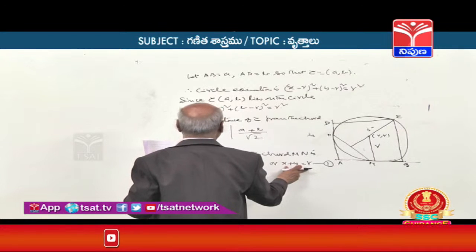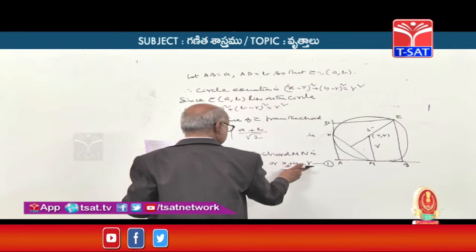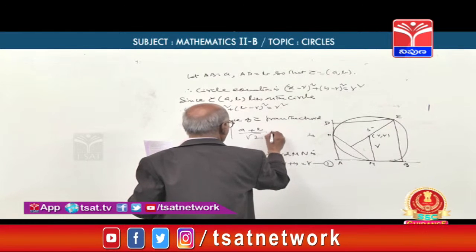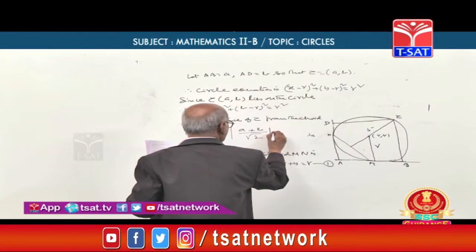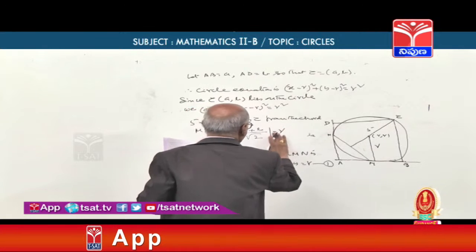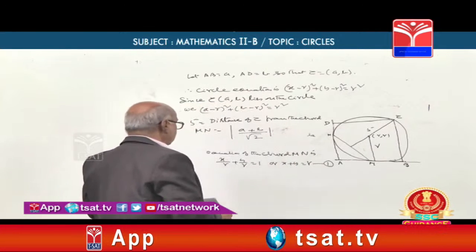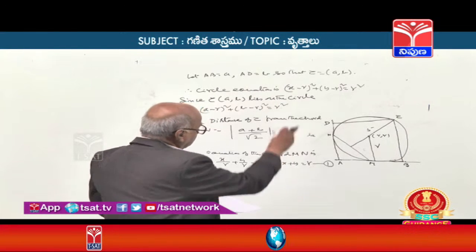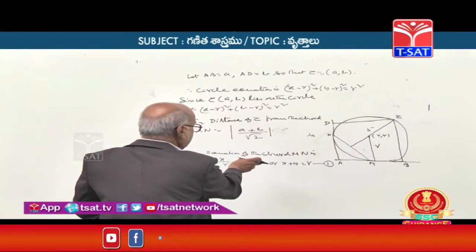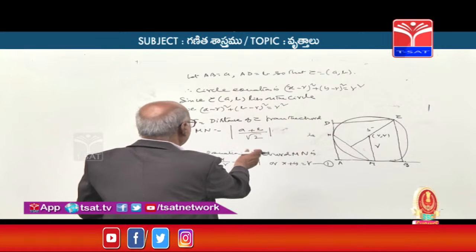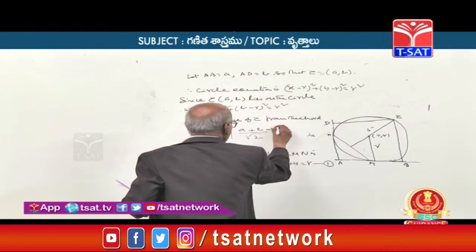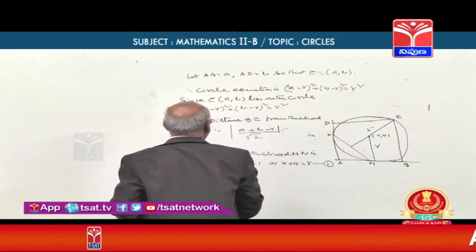Just wait. The equation of MN is this. So, it is a plus b minus r by root 2.